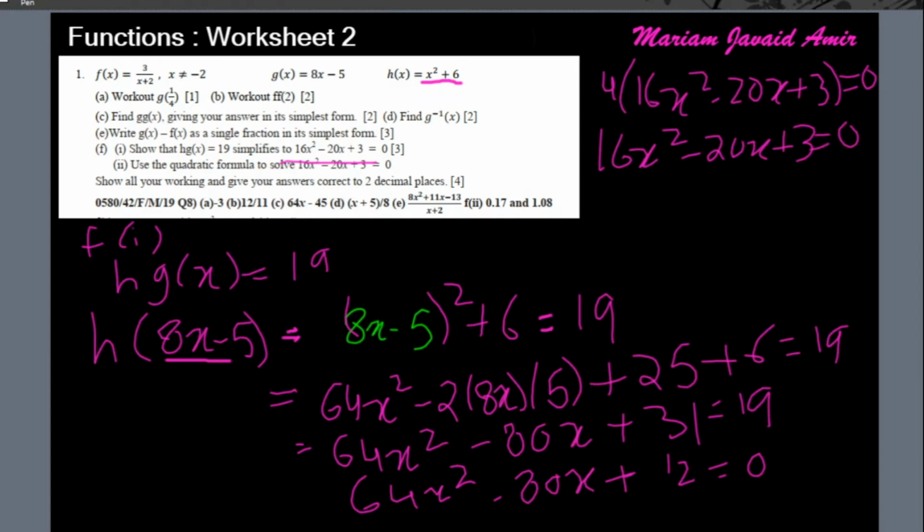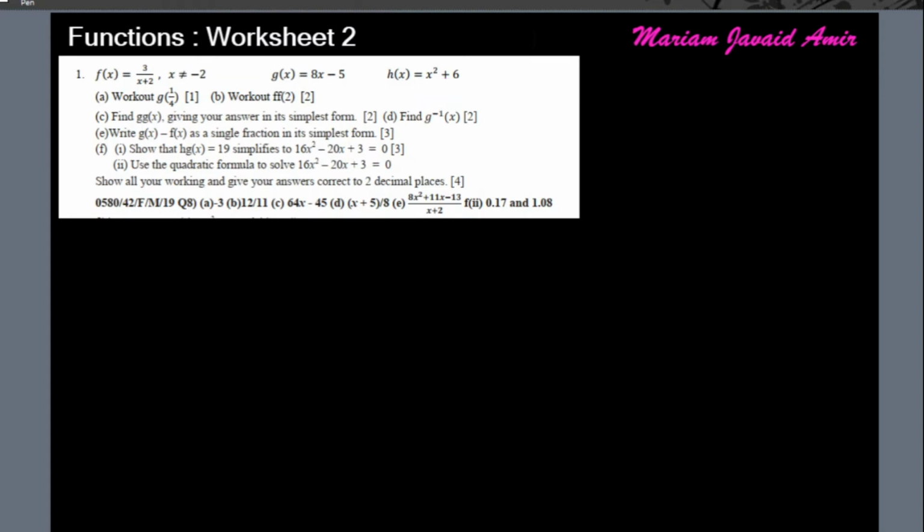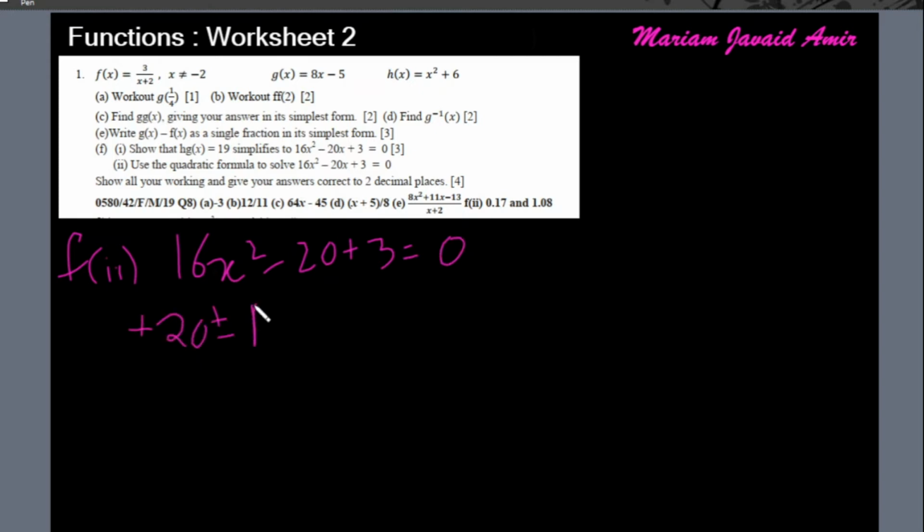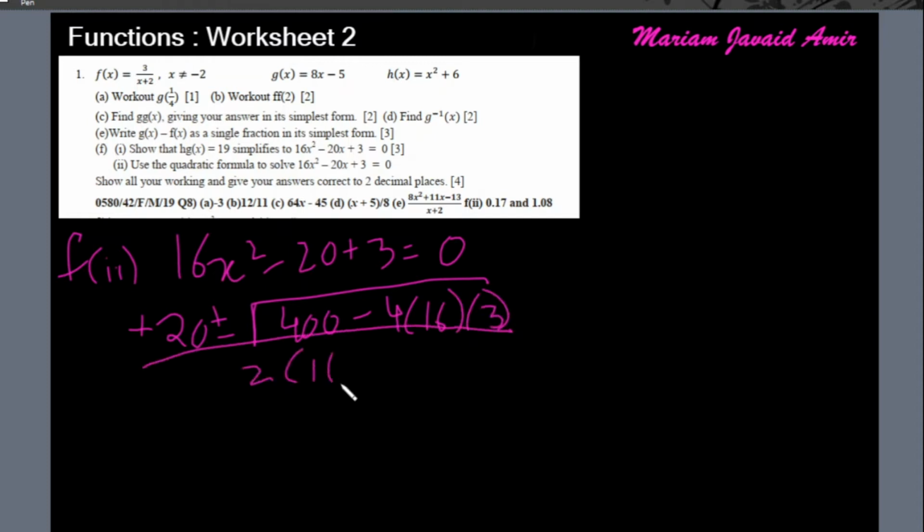For F2, use quadratic formula to solve this equation. For that, simply apply the quadratic formula on 16x squared minus 20x plus 3 equals 0: minus b plus or minus the square root of b squared minus 4ac, over 2a.